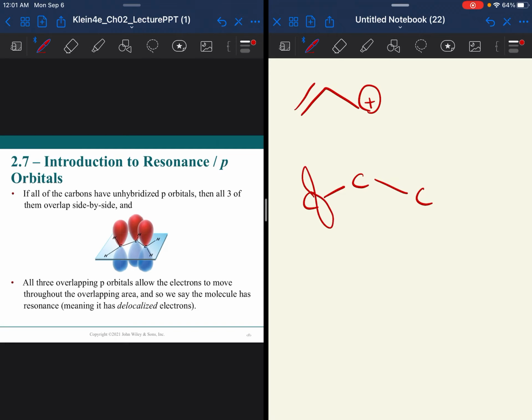And a pi bond, for our double bond, is going to be the overlap of 2 p orbitals. Well, this carbon that has a plus charge would also have an empty p orbital, and it's close enough to where it can also overlap. So those 2 pi electrons are shared over the whole molecule instead of just between 2 carbons. Those electrons are able to spread out more. Again, why we use the term delocalized.